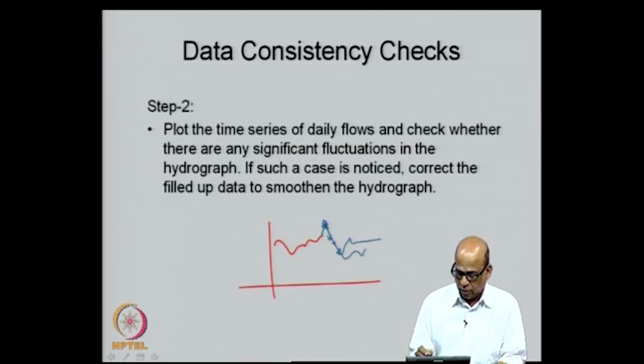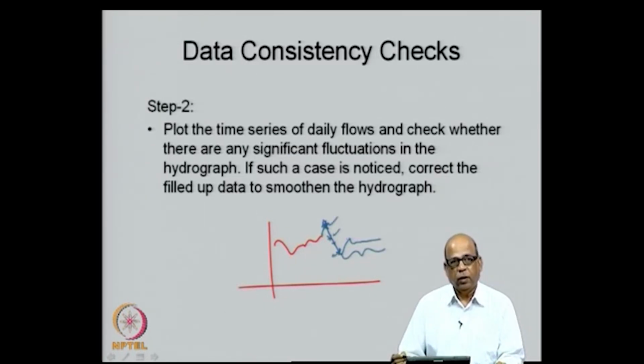So, this is the remaining period and these are the missing data that we have filled in using the averages for those days. For this day we put an average flow computed from the remaining years for the same day, and similarly if this was missing, we do the same thing for that day and so on, and then make sure that the time series continues in a smooth manner.